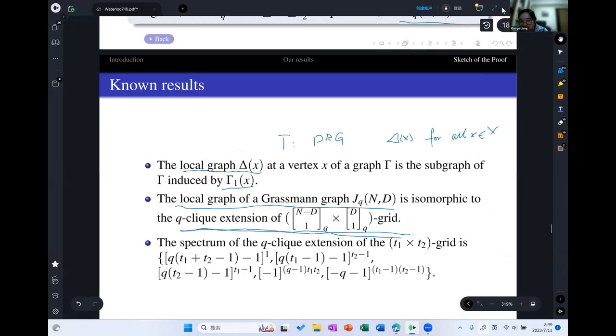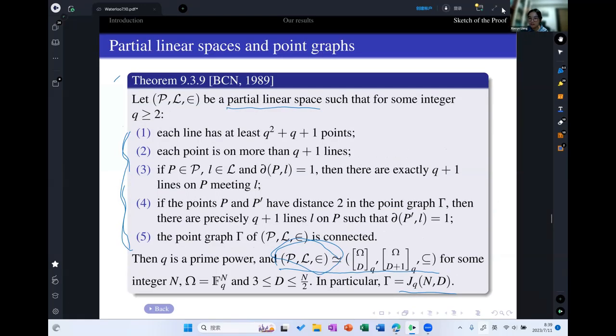I'm sorry, can you repeat it? Oh, okay, right. In this slide right here, suppose you replaced D plus 1 by D minus 1. You mean here? Yeah, right there. So then again, you would get a kind of point line system, but the details would be somewhat different.